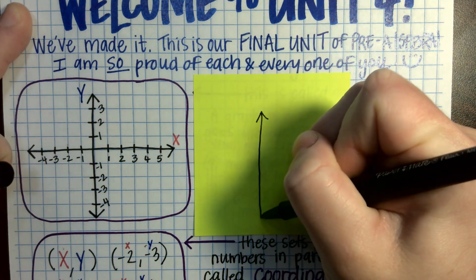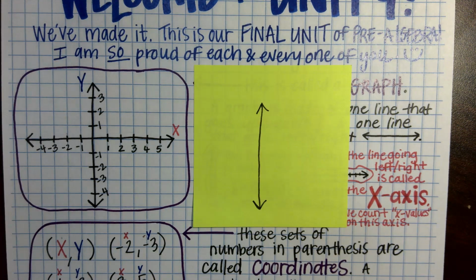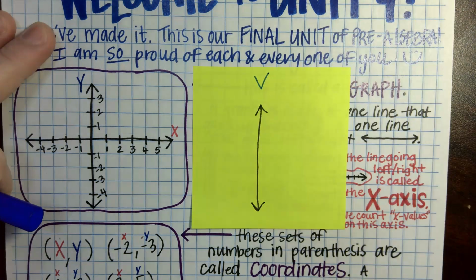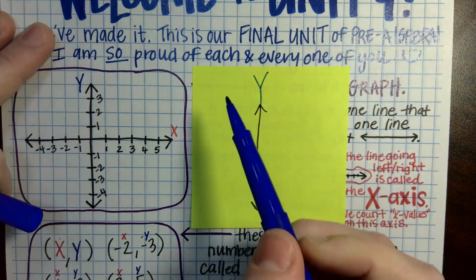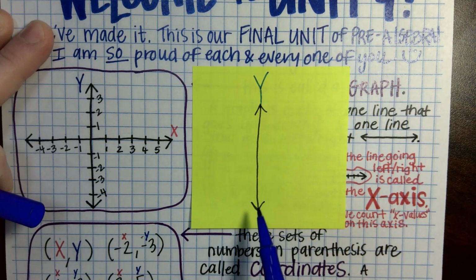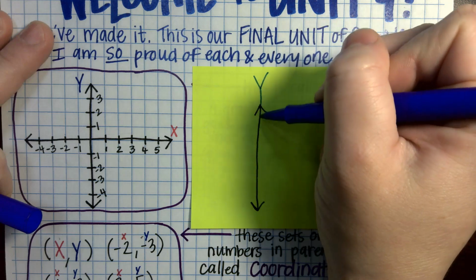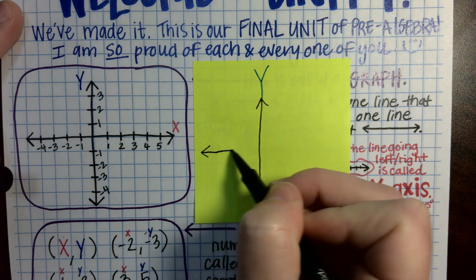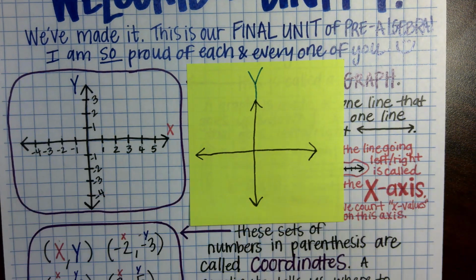When you're looking at your y-axis, the one that goes up and down, I remember that if I were to draw the letter y, it connects with the line like this. So y goes up and down because we've got a line that goes up and down at the bottom of our y. That was my trick for remembering. And then for the x, you could even look at it like this.